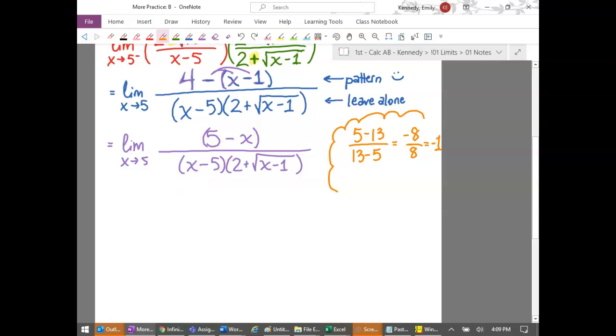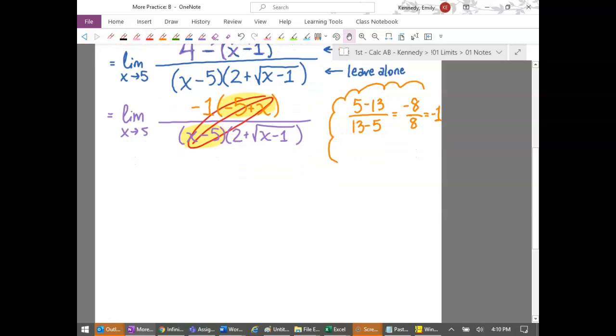What some other students would do is say, well, if this is 5 minus x, I'm going to factor out a negative 1, and then I have a negative 5 plus x. And then this factor and this factor are exactly the same, written in the opposite order, but they both have a negative 5 and a positive x. But either way, we should have gotten to the point that yes, that x minus 5 did cancel, but it left us with a negative 1 over 2 plus square root of x minus 1.